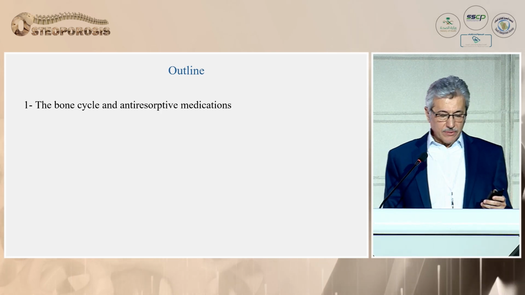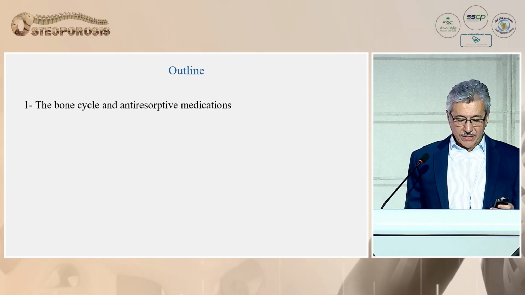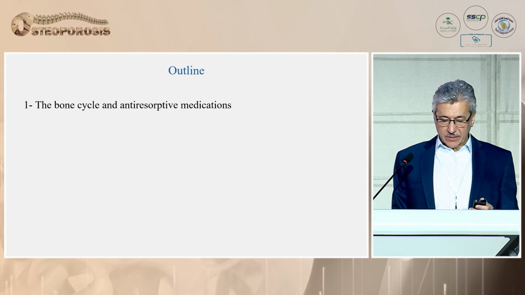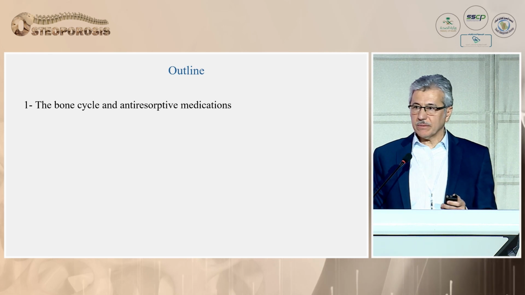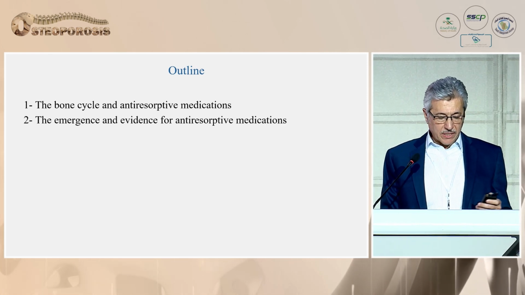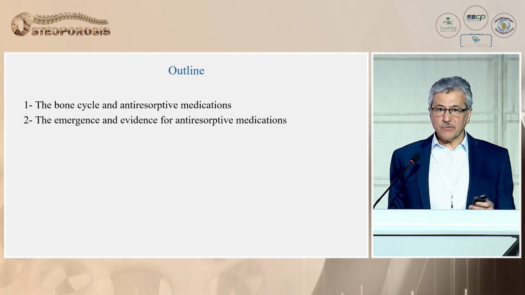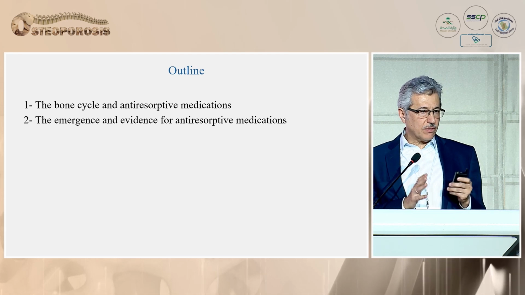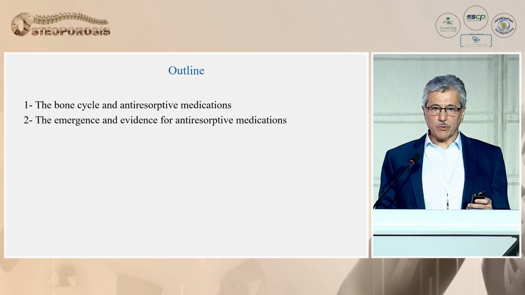So I'm going to touch base on the bone cycle and the anti-resorptive medication effect on the bone cycle, which is the mechanism of action of those agents, and how did they emerge, and what is the evidence for the different anti-resorptive medications, which are really the center of treatment for osteoporosis till now.